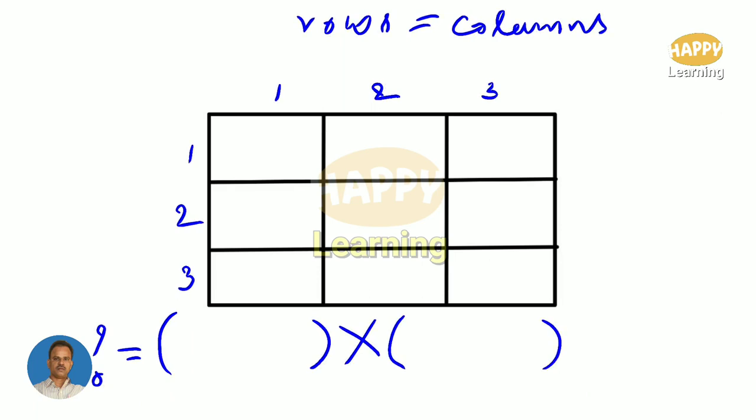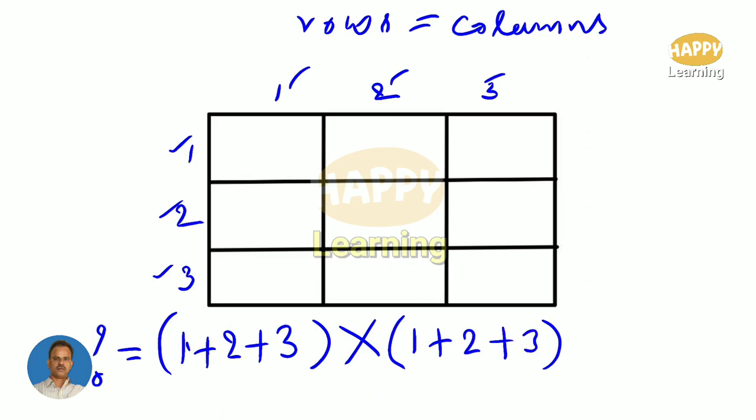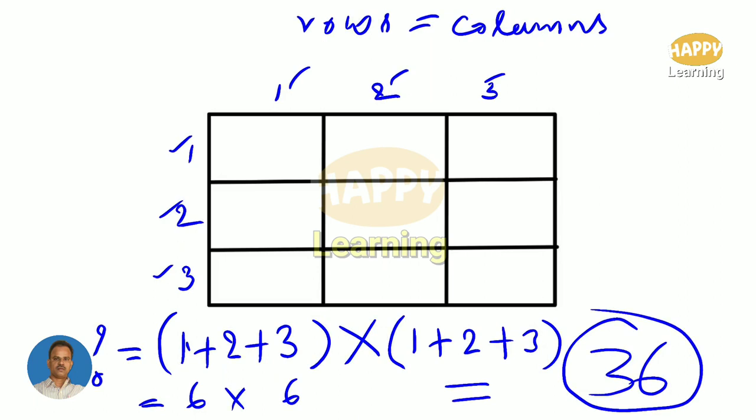How many rows are there? 1, 2, 3. So write 1 plus 2 plus 3 here. How many columns are there? 1, 2, 3. So write 1 plus 2 plus 3 here. So that is equal to 6 into 6, that is equal to 36. So total 36 rectangles are there in this diagram.